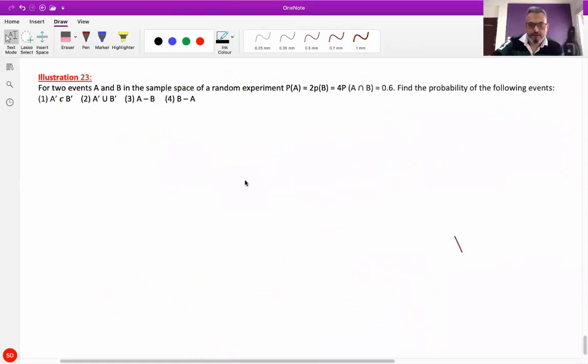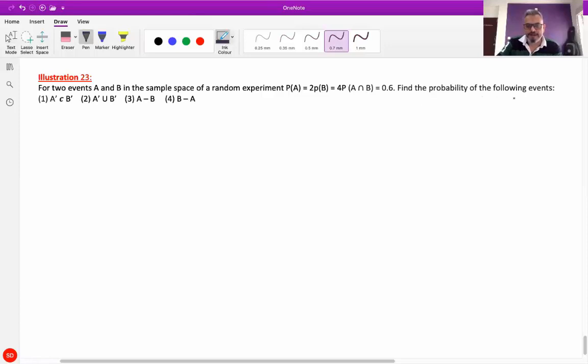Now illustration 23. For two events A and B in the sample space of a random experiment, P(A) = 0.6, P(B) = 0.3, P(A ∩ B) = 0.15.